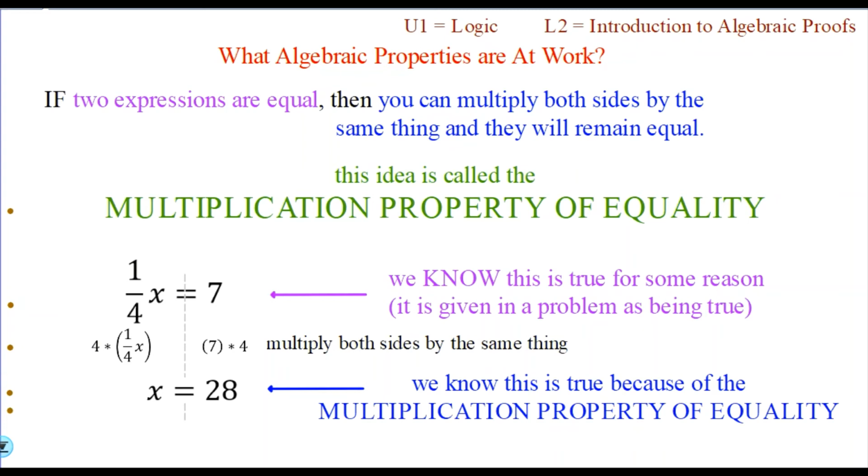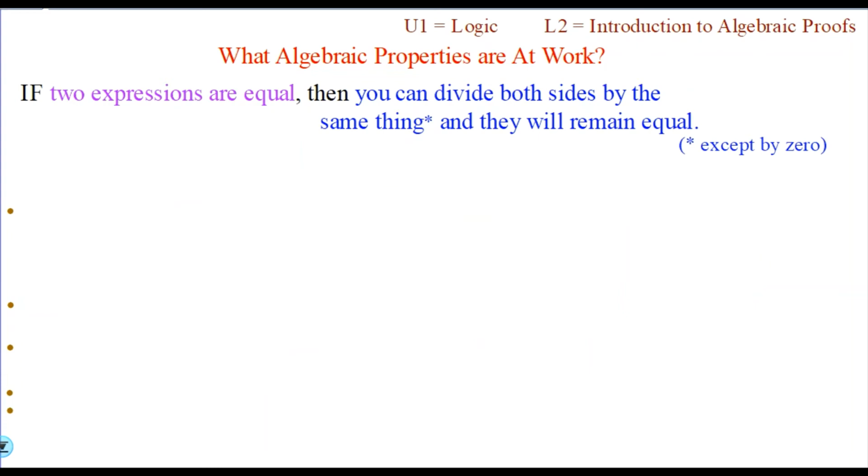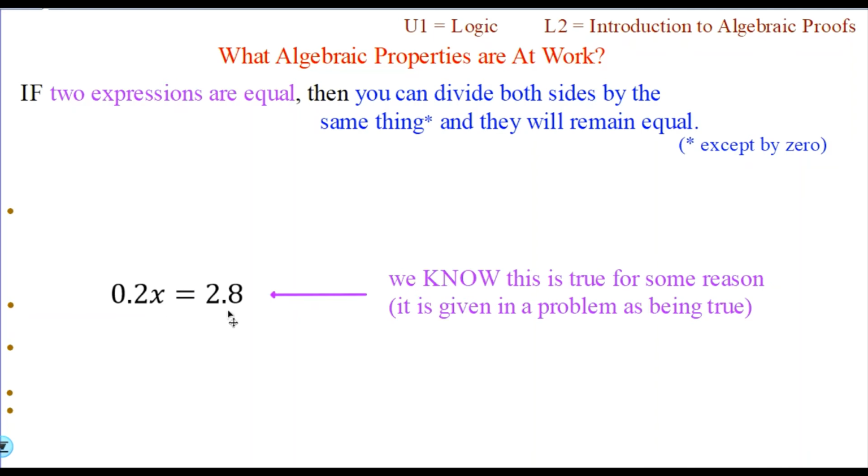And let's see, we did addition, subtraction, multiplication. Guess what the other property is? You can divide the same thing on both sides. So if 2 expressions are equal, there's 2 expressions, 0.2x and 2.8. They are equal, and we know they're equal because we're given them as being equal. Somebody told us, hey, this equation is true, can you solve it for me?